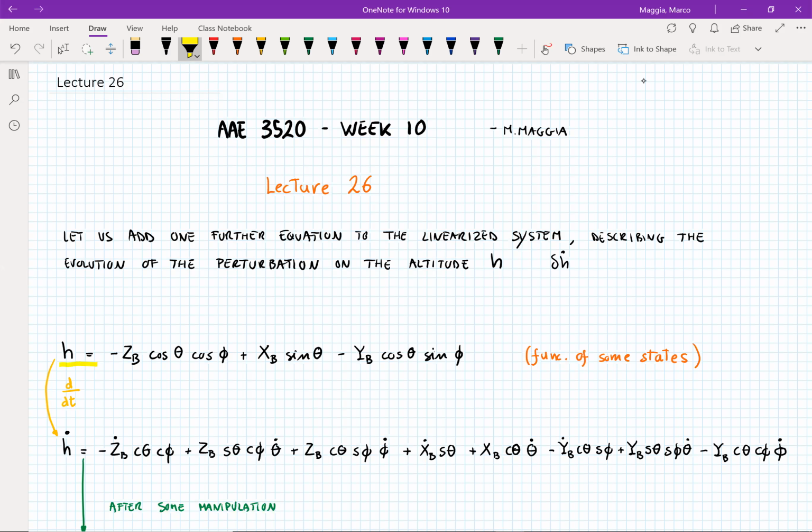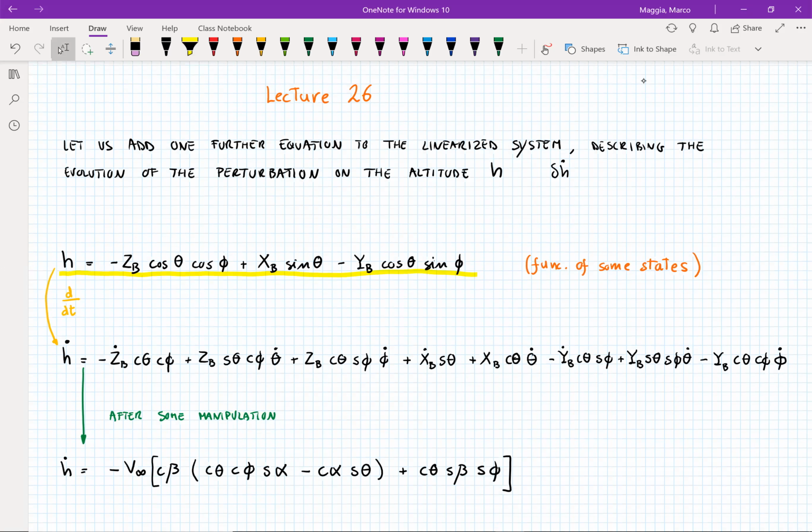we can write the altitude as usual using the position, the coordinates in the body reference frame, xb, yb, and zb, and the Euler angles. So of course this function contains some states. And if we take the time derivative of the altitude, well, we have a bunch of terms over here.